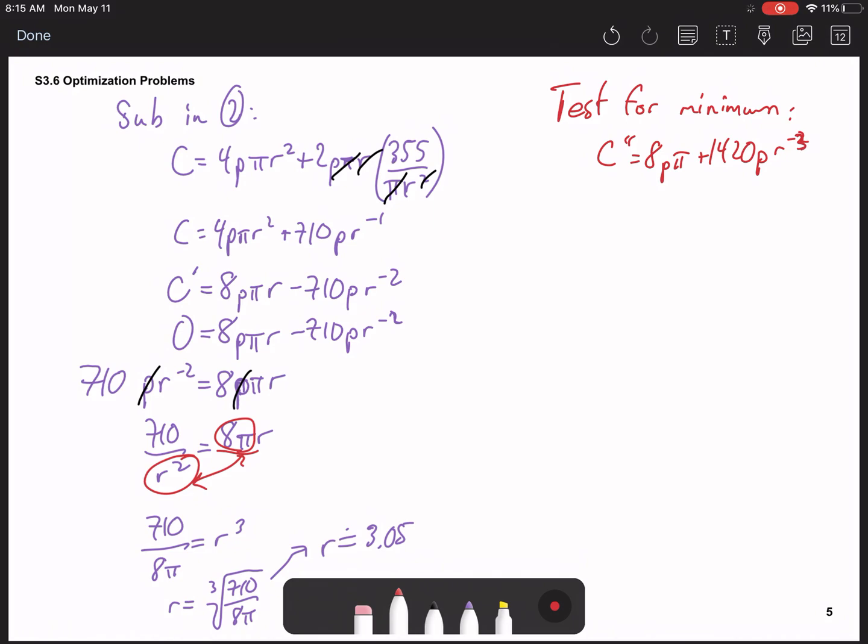Well, no matter what value I substitute in, if r is positive, then c double prime will be positive. So c double prime, if r is 3.05, is always going to be greater than 0. I don't even need to find out what it is, because if I substitute a positive value in here, all of this is positive. So therefore, I know this is concave up, which gives a minimum.